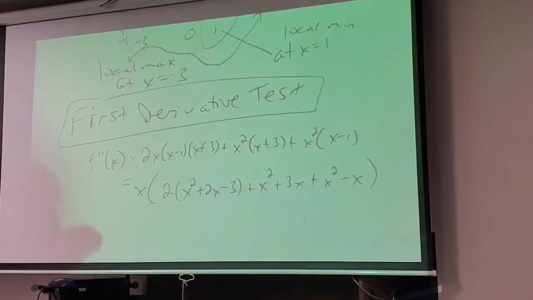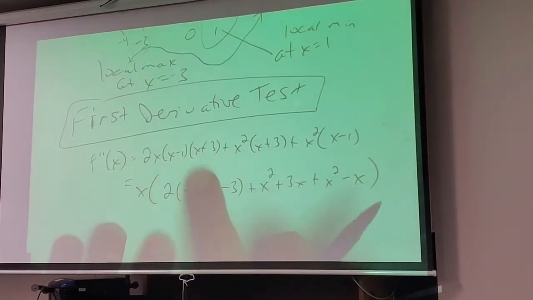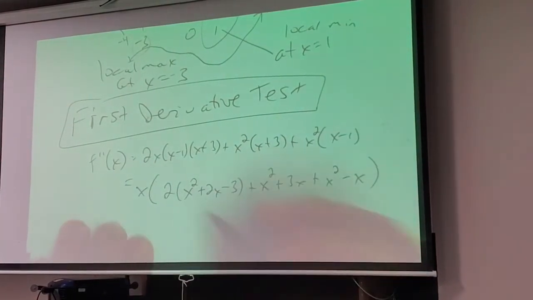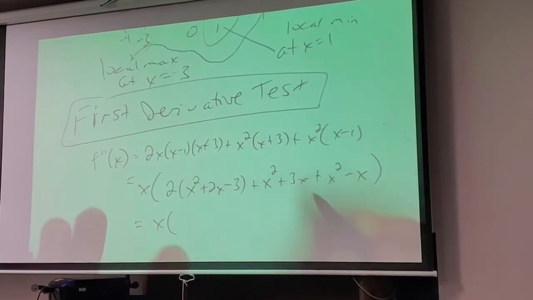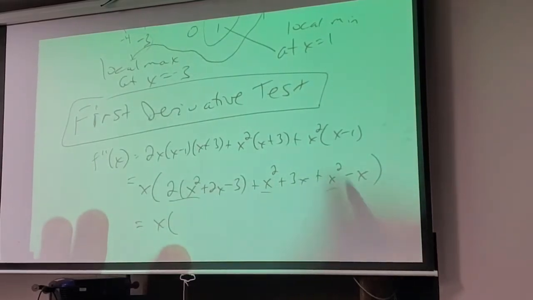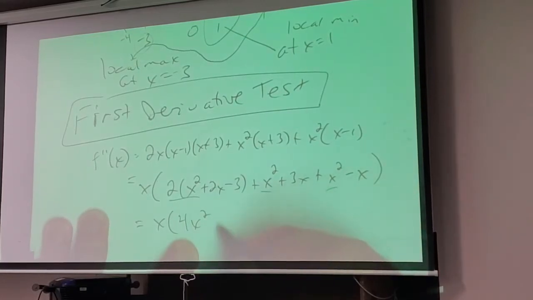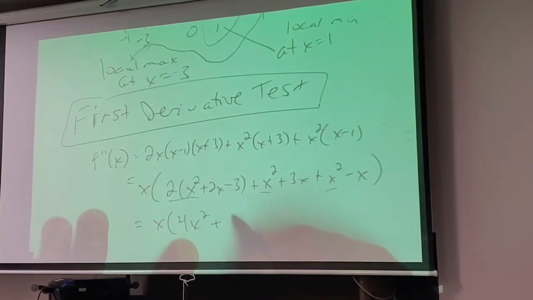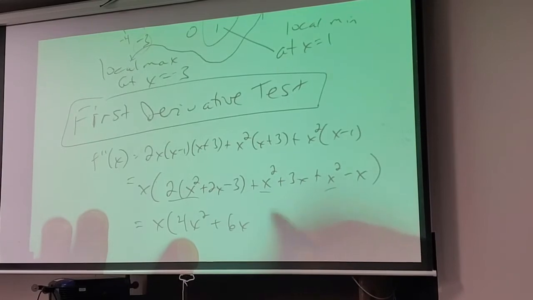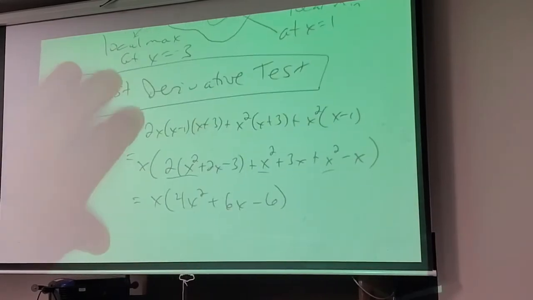Kind of skipped a step there. Is that all right? Took an x out, and then I just distributed stuff. Let me get my like terms together. Let's see, 2x squared is 4x squared. Then I get 4x, 7x, 6x. And then I get negative 6. Wow, that looks gross.